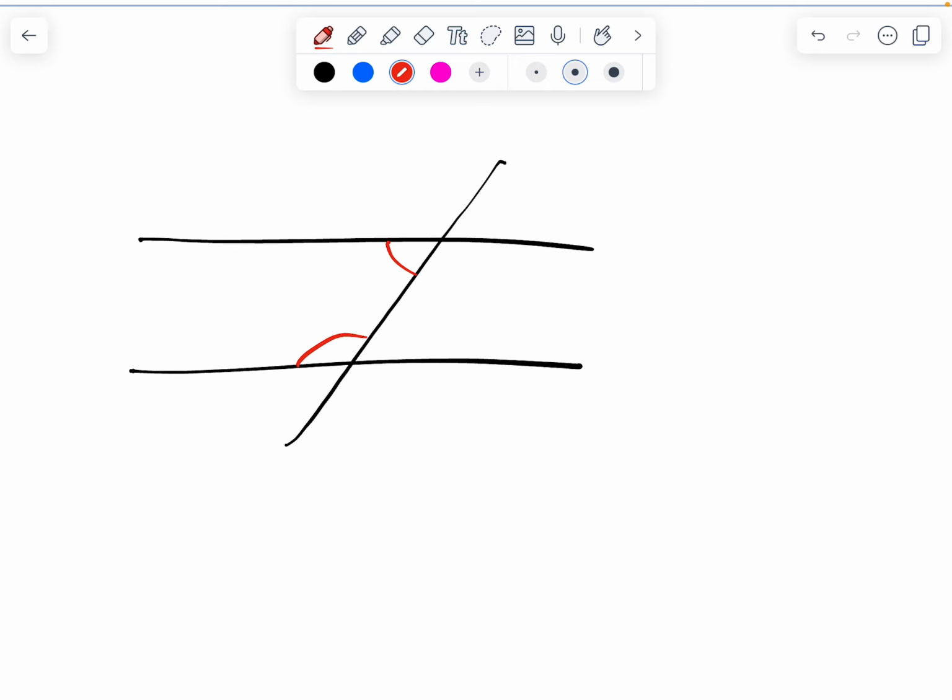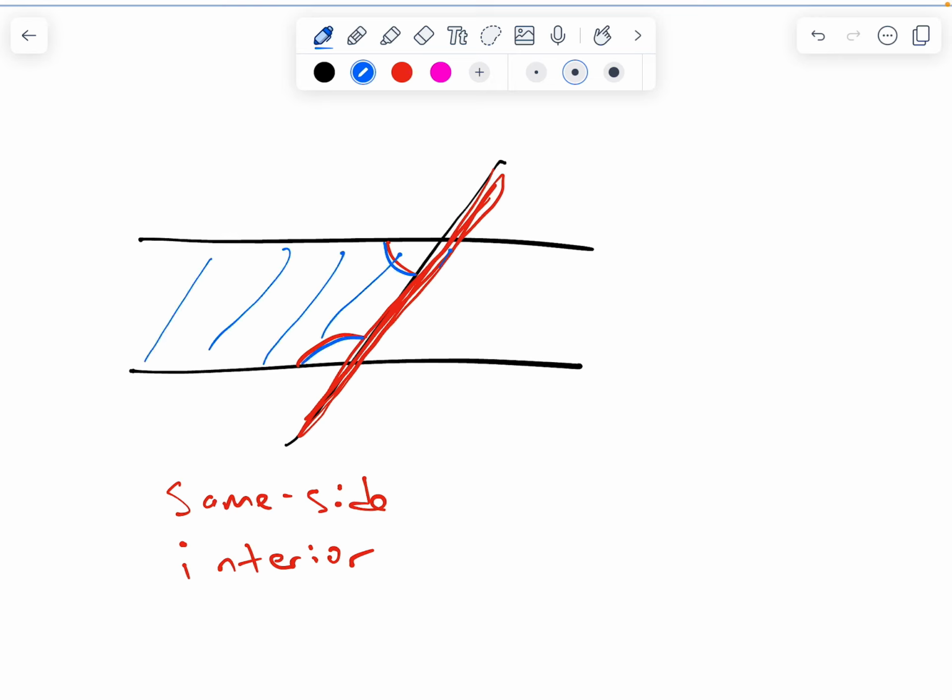Now we have these, and I bet you can guess the name. First of all, are these interior or exterior? You're right, they're on the interior. Now, in relation to the transversal, are they on the same side or alternate sides? They're on the same side. So they're on the same side of the transversal line, but both on the interior of the tube. So we've got same side interior.